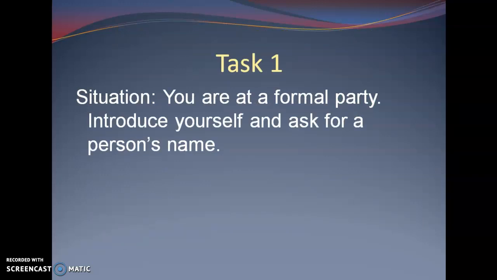Task 1. Now in this lesson, first of all, before I read the task, we have learned how to ask a question, "What is your name?" or in a formal setting, "May I know your name?" and the response in a complete sentence, "I'm Amit.